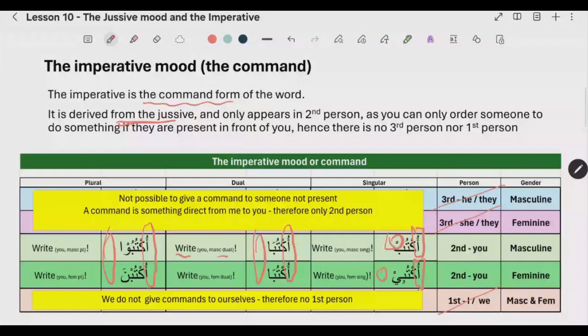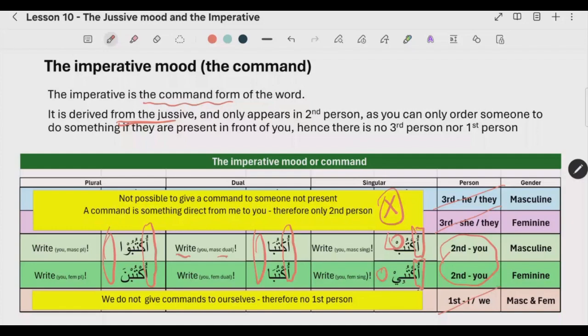Essentially, you can't give a command to the third person, and therefore you can't give a command to somebody who's not present in front of you to say write, because you can only talk to somebody face to face in front of you. So it's only the second person that applies in the command form of this particular verb.